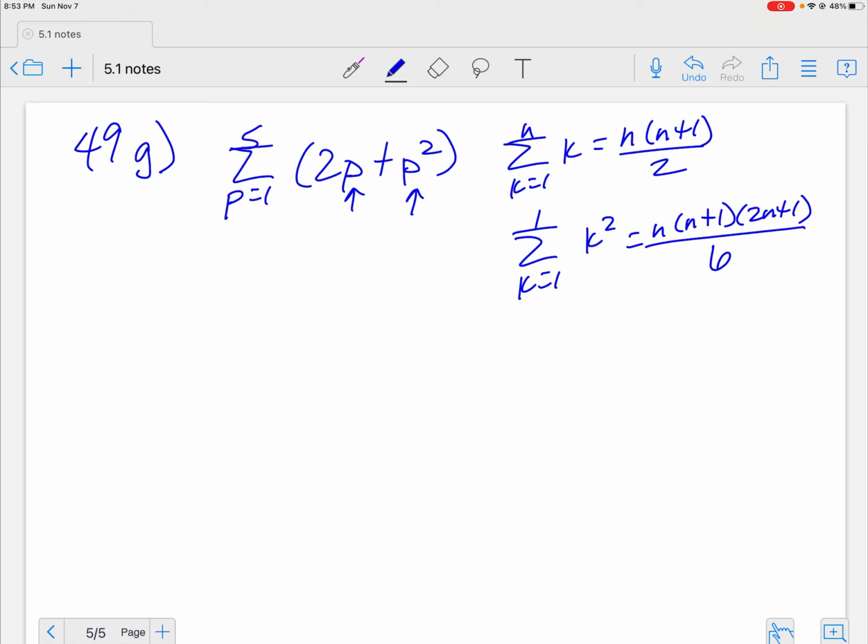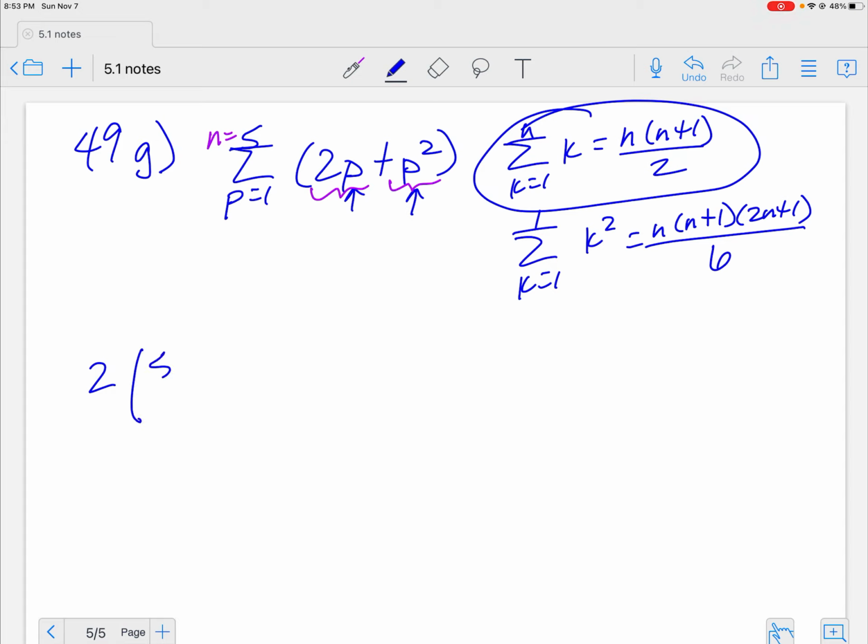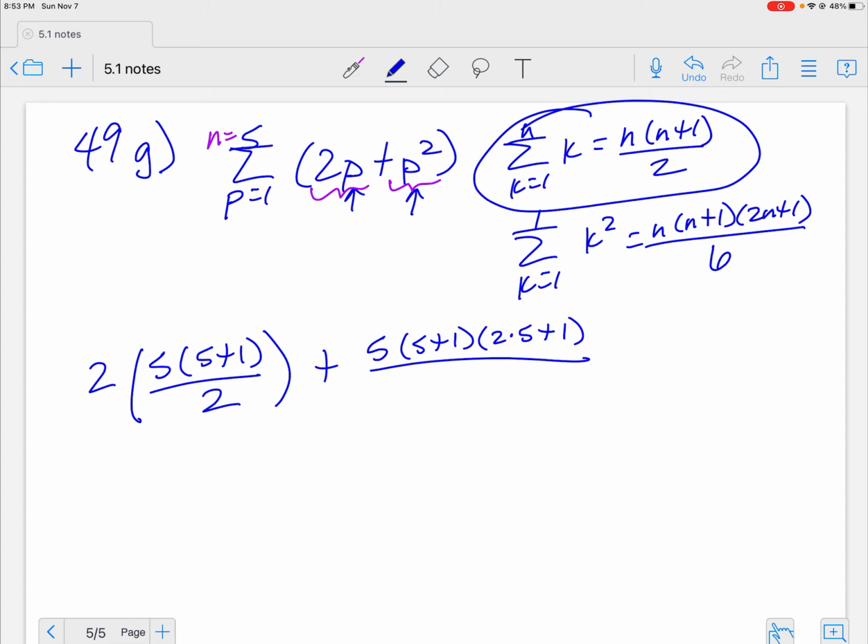Okay, so I've got my N is equal to 5. I've got my first term and I've got my second term. So we're just going to plug into our formulas. So this is 2 times the regular P formula here, which is going to be, my N is 5, times 5 plus 1, divided by 2, plus my P squared, so I've got 5 times 5 plus 1, times 2 times 5 plus 1, all over 6.